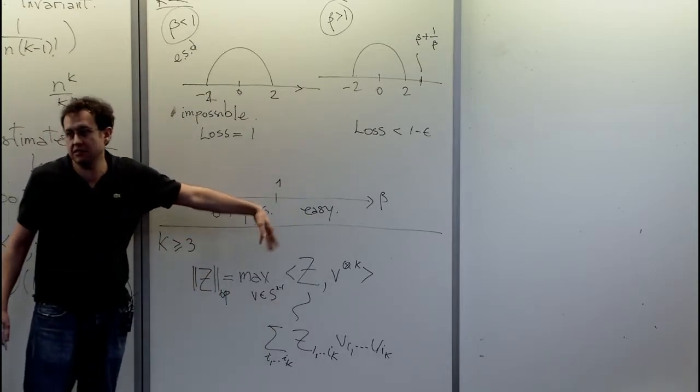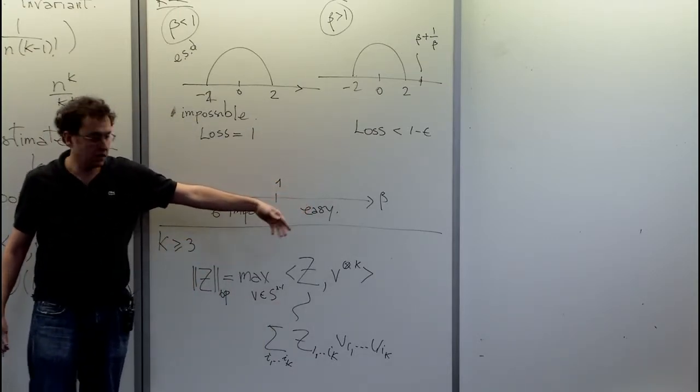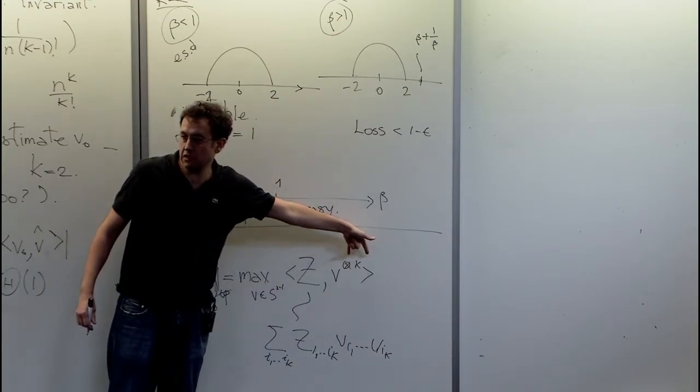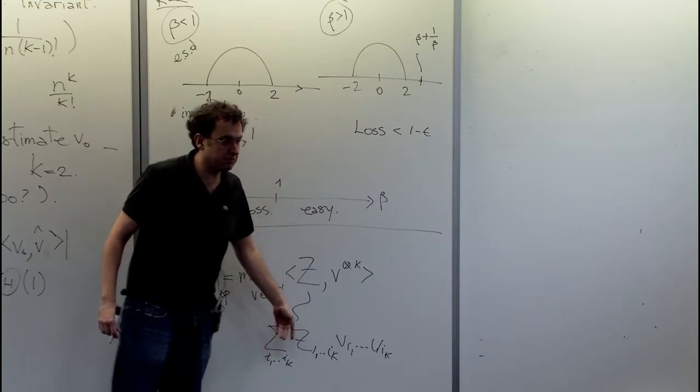If you have tensors, there is a natural scalar product. So you take this tensor versus the outer product of v with itself k times. In coordinates, it's just simply like this.